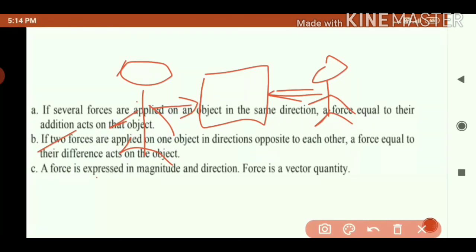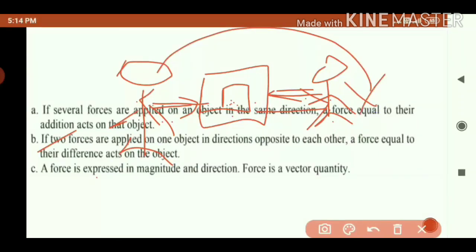So what will happen? The force equal to their difference acts on this object. Suppose this man is strong, then he will pull it a little to his side, but the force difference will act on this box. It will not add. So it will be easier when both persons stand at one side and pull this box.